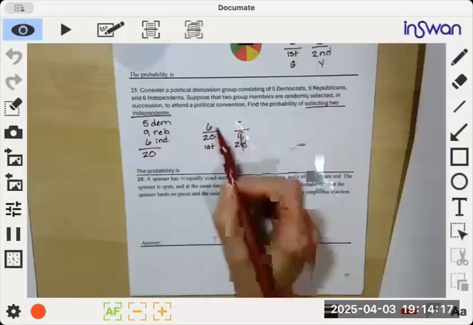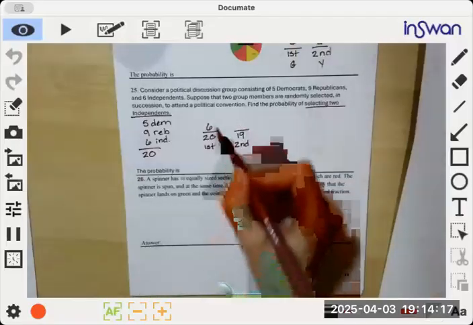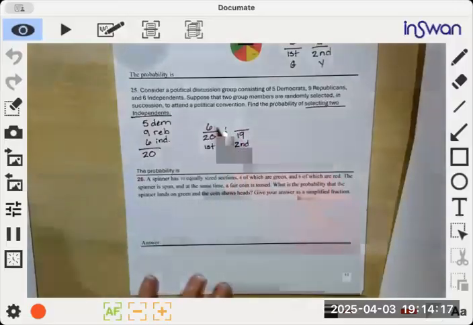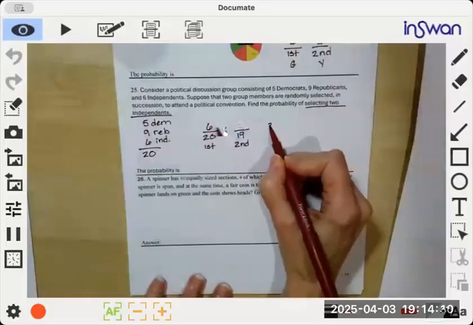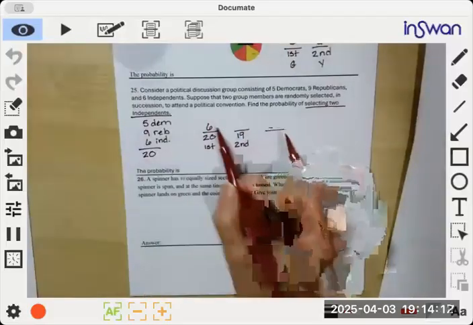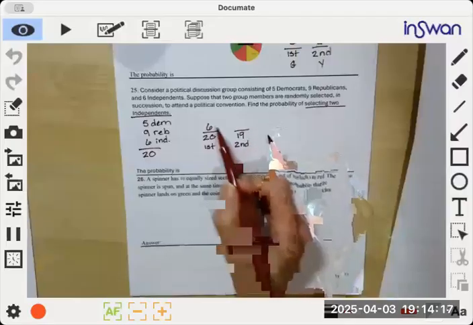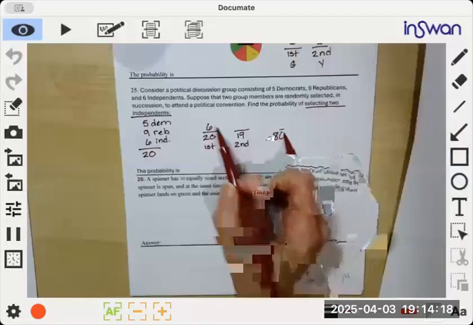I only have 5 to choose from. Oh, okay. So 6 times 5 is 30. 19 times 20, 19 doubled, 380.